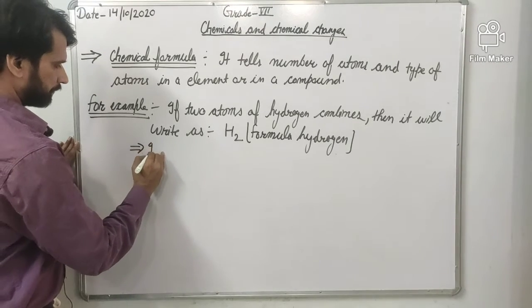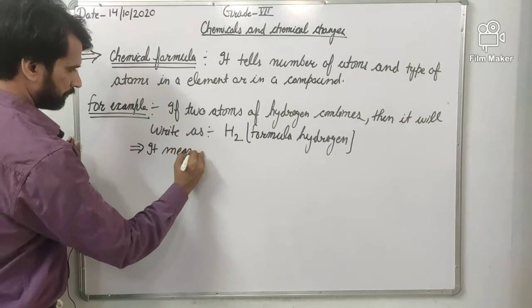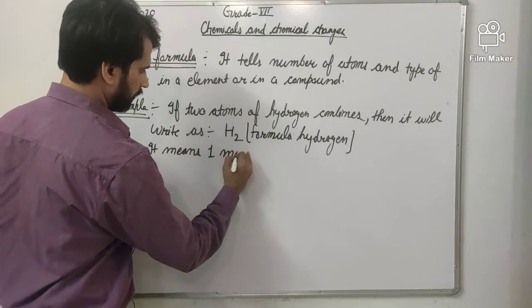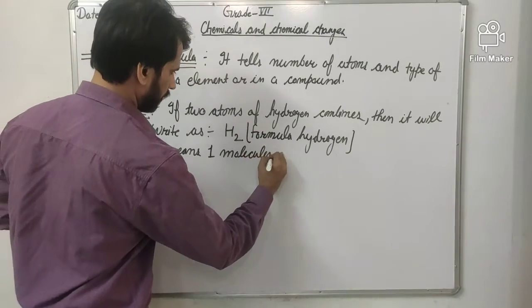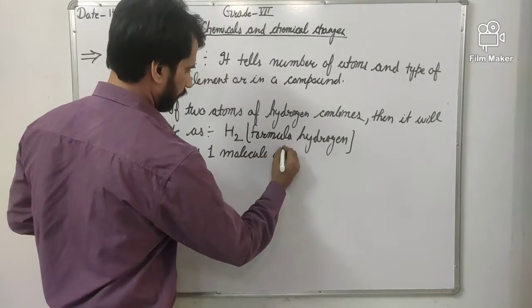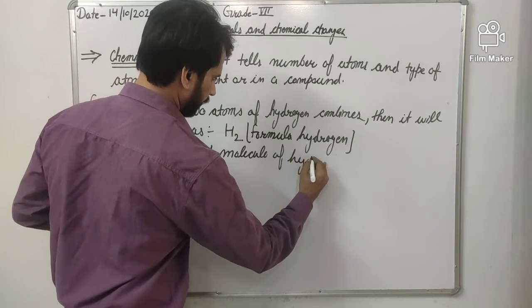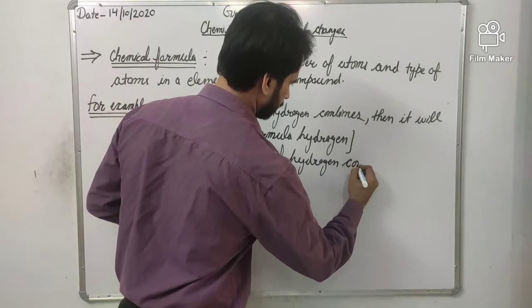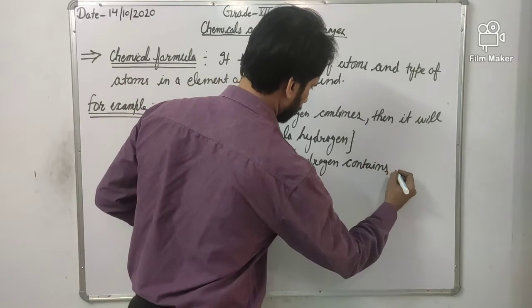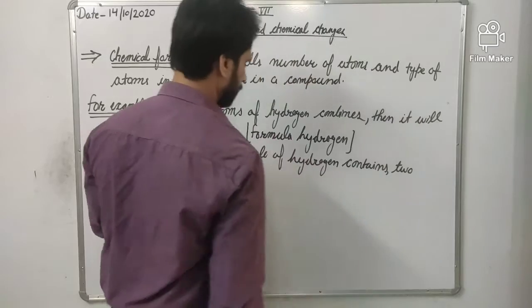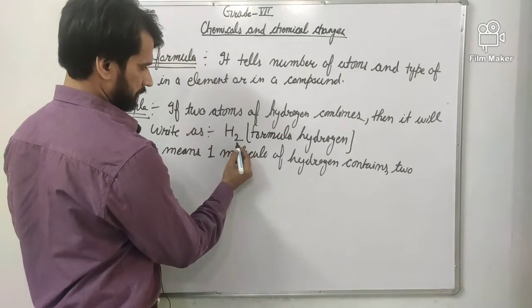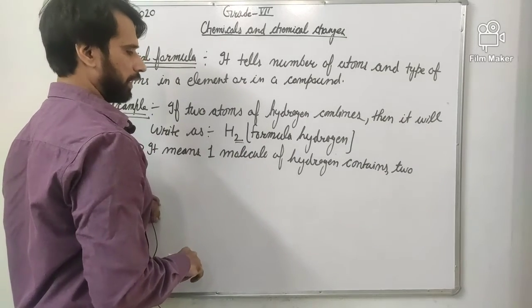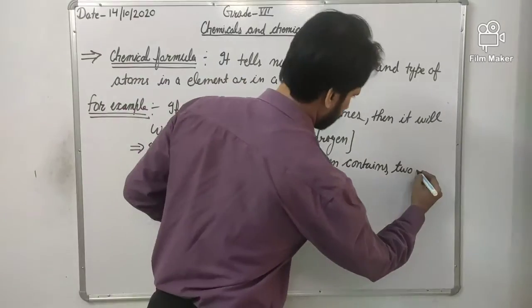It means one molecule of hydrogen contains how many atoms? Two atoms. This subscript tells us the number of atoms in any chemical formula. Two atoms.